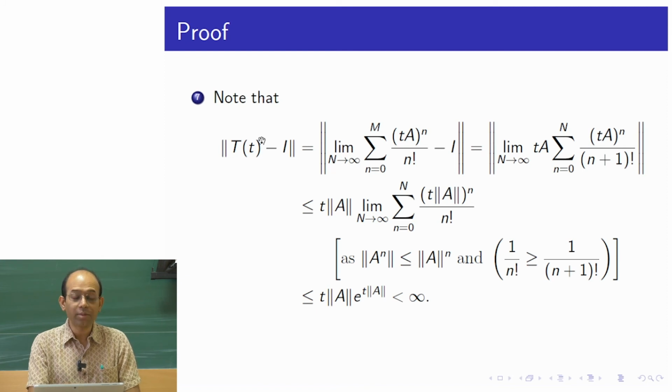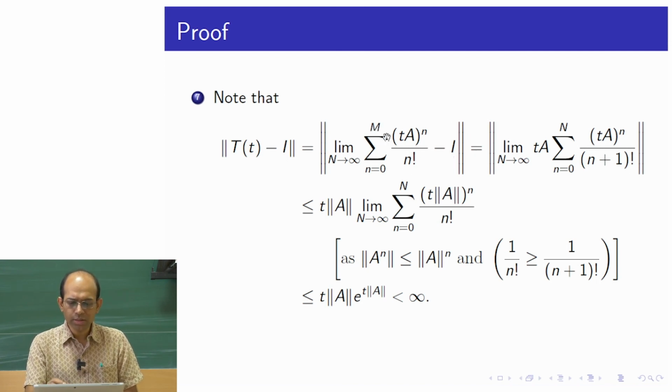I am writing T(t) as e to the power tA, which we understand as the limit of the series expansion, so I am writing down the series itself: the sum from n equal to 0 to capital N of (tA) to the power n by n factorial, minus I. Here there was a typo, it should be N, not M.